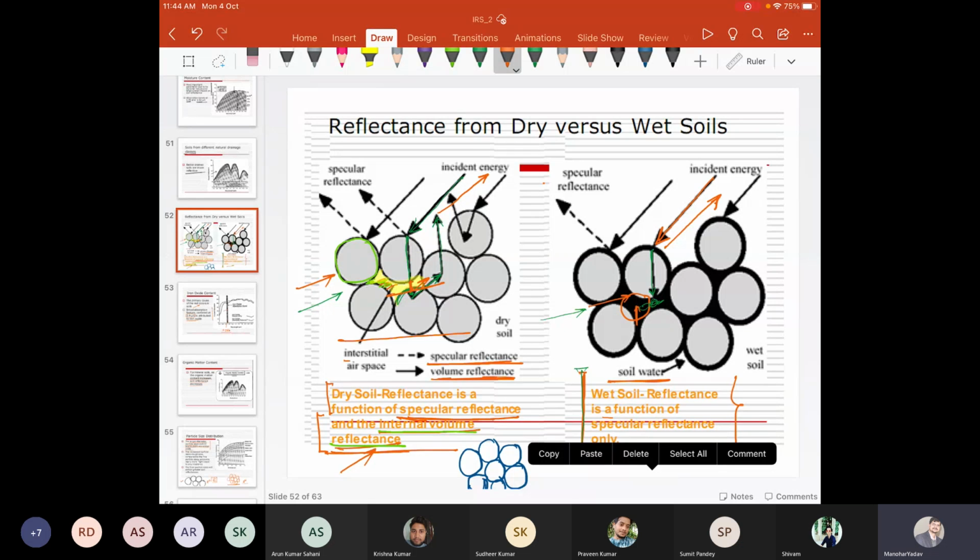Due to the decrease in internal volume reflectance, you can't get the outcoming reflectance from within the bulk of the soil. But there are two components: the first is from the surface itself, and the second is from the internal volume.